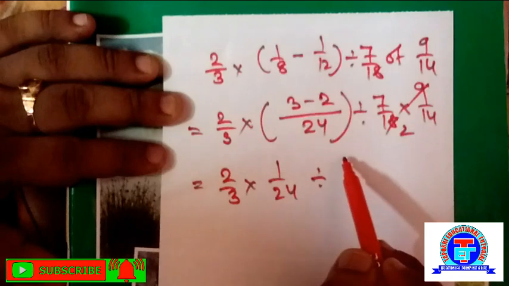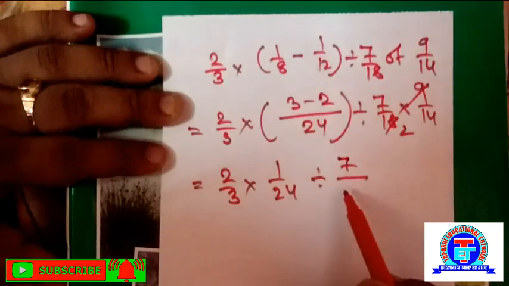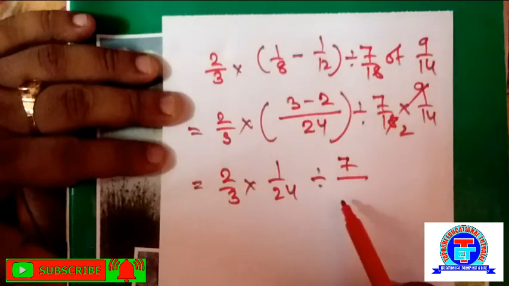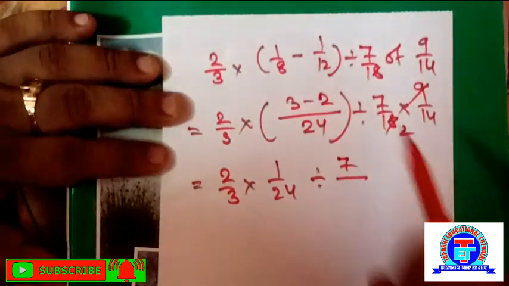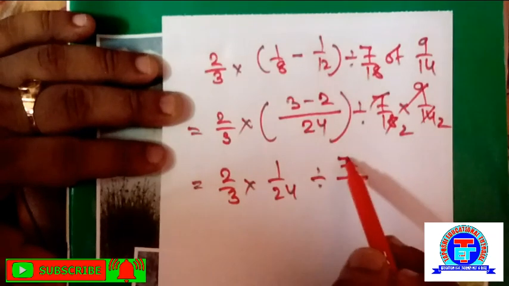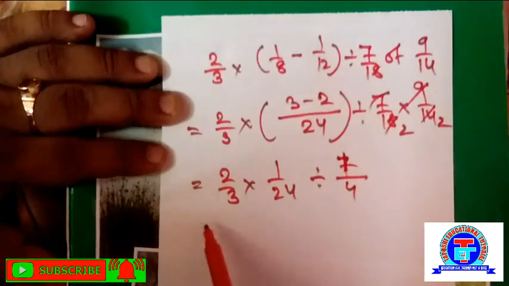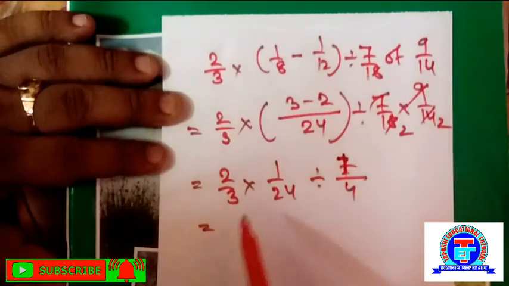Now 2 by 3 into 1 by 24 divided 7 by 27 by this one became 2. So this one 1 by 4. Okay, so this one 1 by 4.